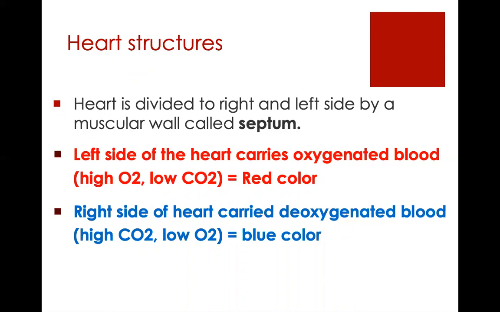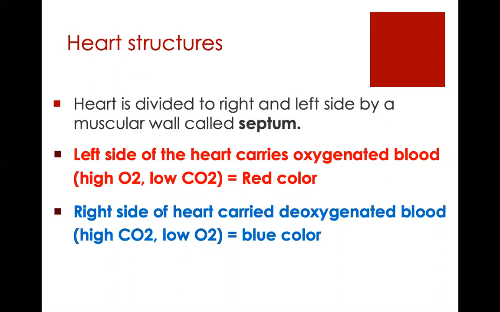The red color is associated with blood that is carrying a significant amount of oxygen and has a low level of carbon dioxide. In another sense, it's referred to as oxygenated blood. If you remember, when your hemoglobin is carrying oxygen, it's called oxyhemoglobin, and it has that ruby red color.